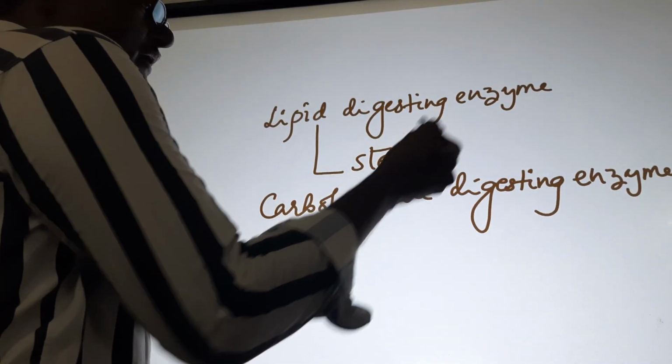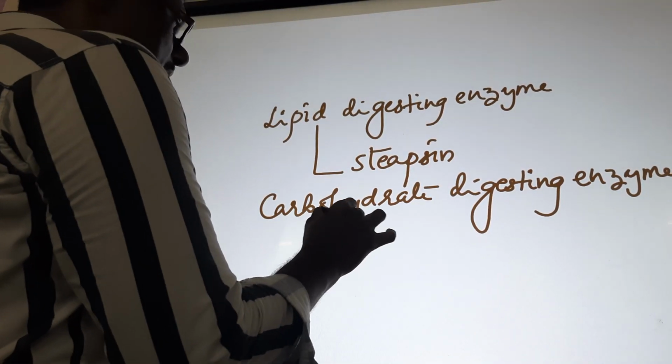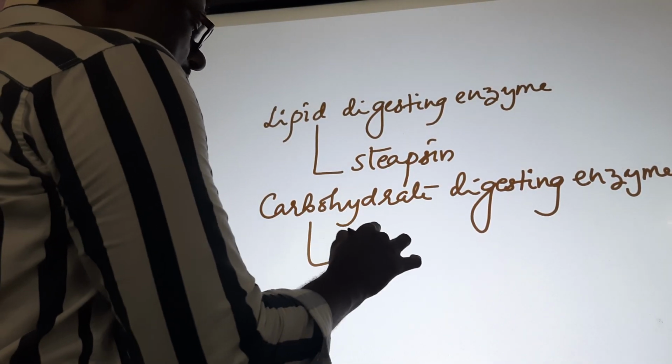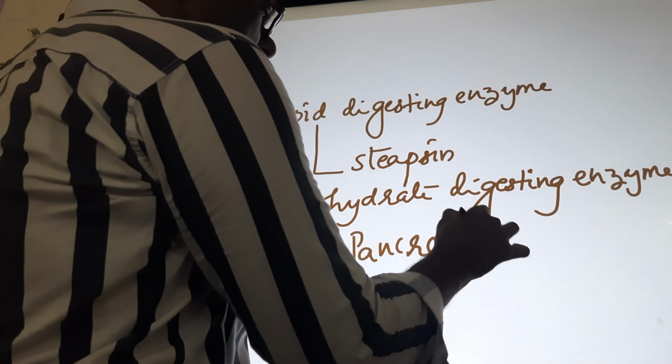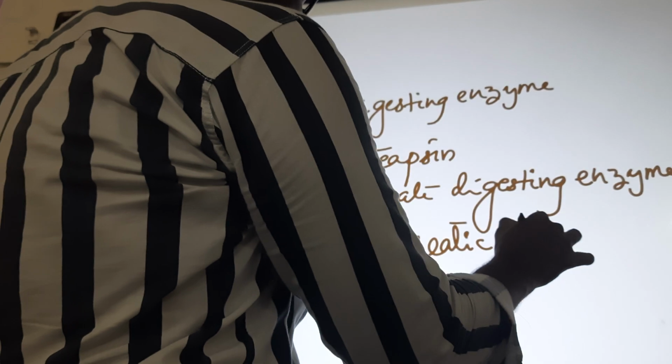Okay, carbohydrate digesting enzyme is pancreatic amylase.